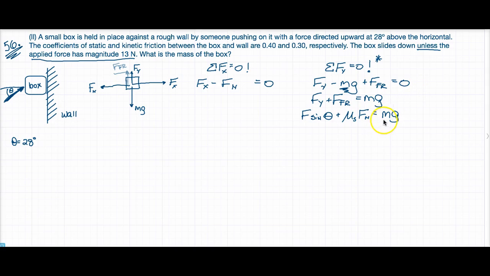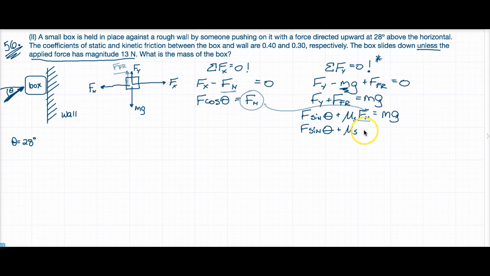And again, solving for m, I'm going to divide both sides by g. This becomes F sine theta plus mu static. And we can see this time that the expression for the normal force is going to be developed over here in the x dynamics equation. So I can say that F cosine theta is equal to the normal force. And it's that expression for the normal force which will be substituted over here in the y equation, not vice versa, as it usually is.